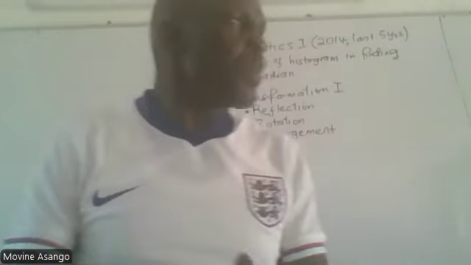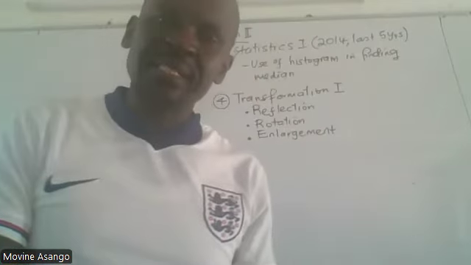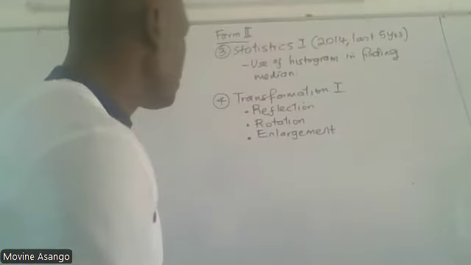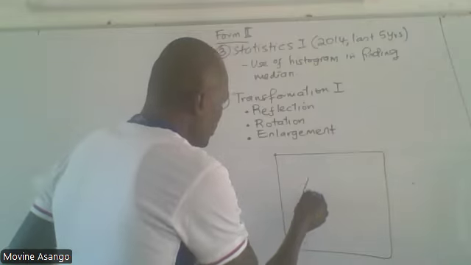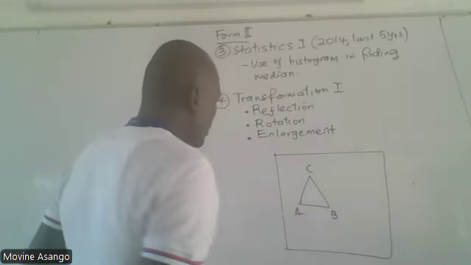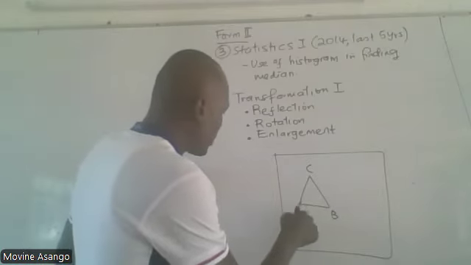3, where you are asked to state the vertices of a figure, you can state it in the space provided or on the diagram, but I advise that you state it on the diagram. For example, if this one is the grid in which you have drawn triangle ABC, and you're asked to state the coordinates of A, B, and C, you can state on the diagram.